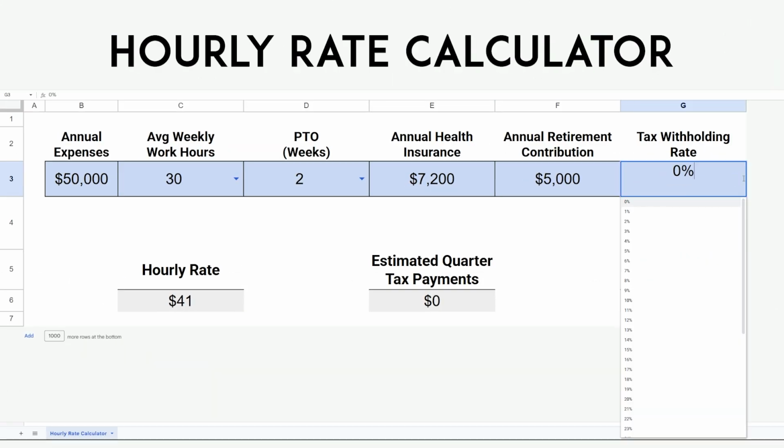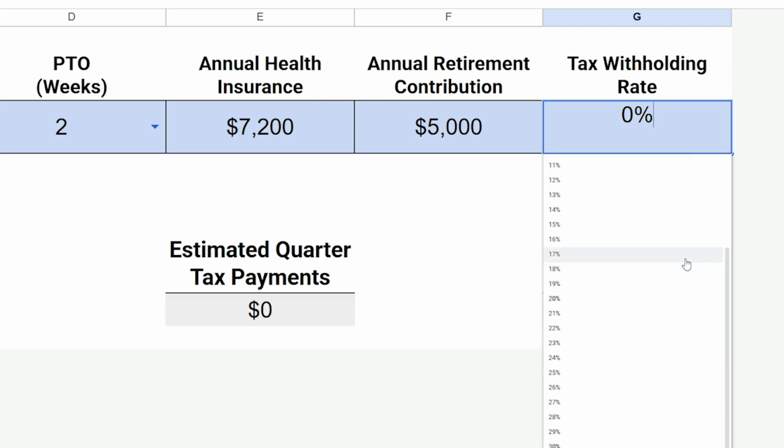The percentage you add in here is going to calculate a rough estimate to get started with. A good range would be somewhere between 25 and 30%, which accounts for both the self-employment and income tax, but it will vary based on your income level, business expenses, and deductions. For this example, we will put in 25%.